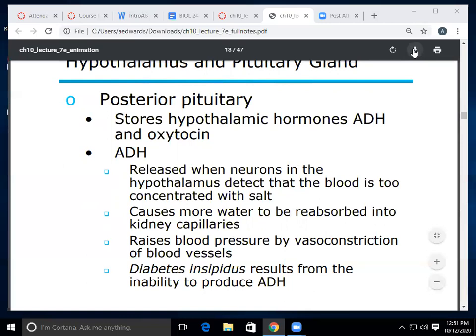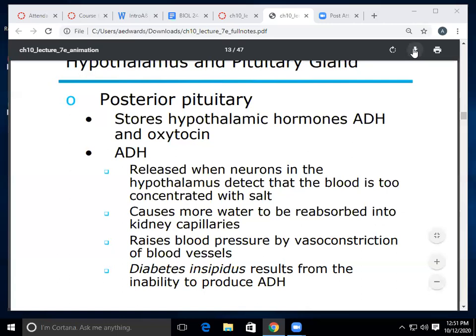So I think going back to chapter 2, technically the hypothalamus would be like DNA, and then the pituitary gland, would that be like RNA? Yeah, you could definitely make that analogy because the DNA is being used to make RNA, and RNA is being used to make protein.